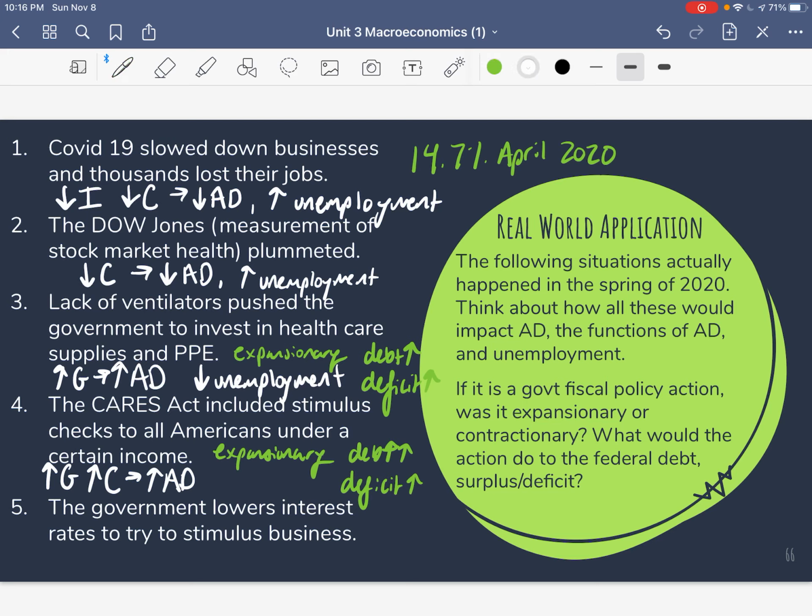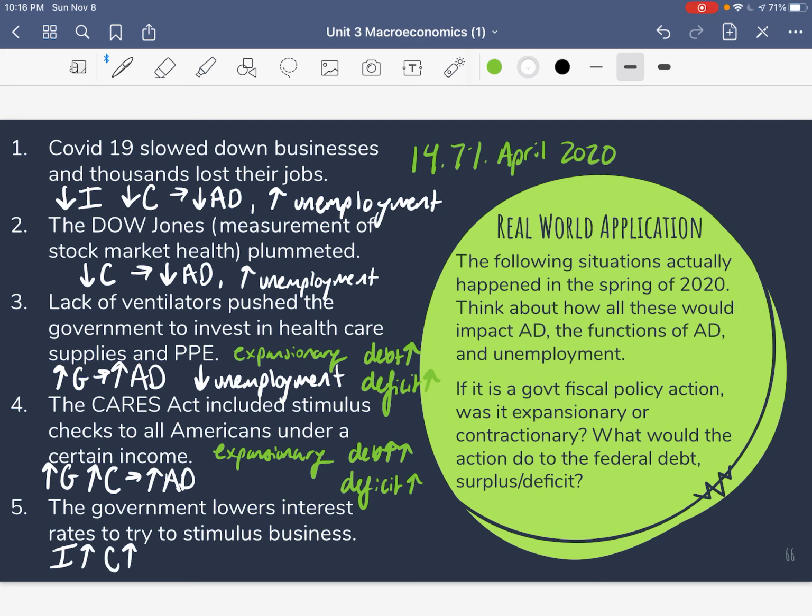All right, number 5, the government lowers interest rates to try and stimulate business. That's why it was such a good deal during the pandemic to take out a loan or to buy a house or buy a car, because you could get awesome interest rates. And the hope was that people would invest and start businesses or take out loans to buy more things for their business to try and stimulate the economy, and also increase consumer spending.